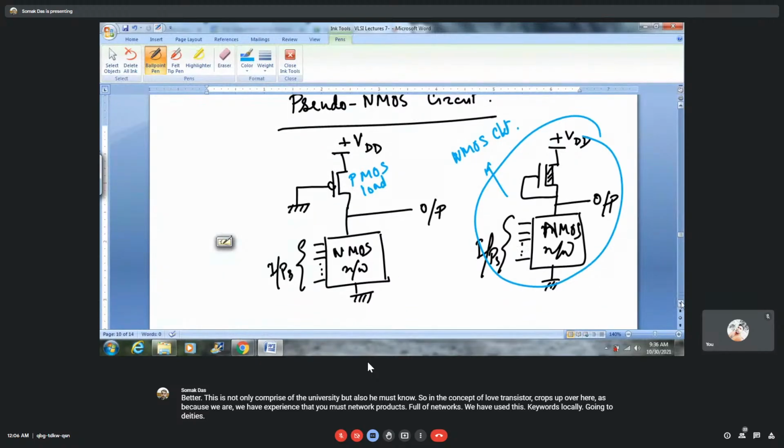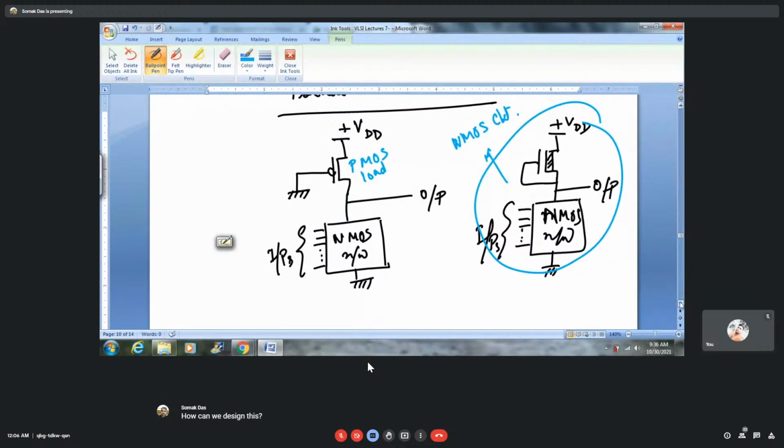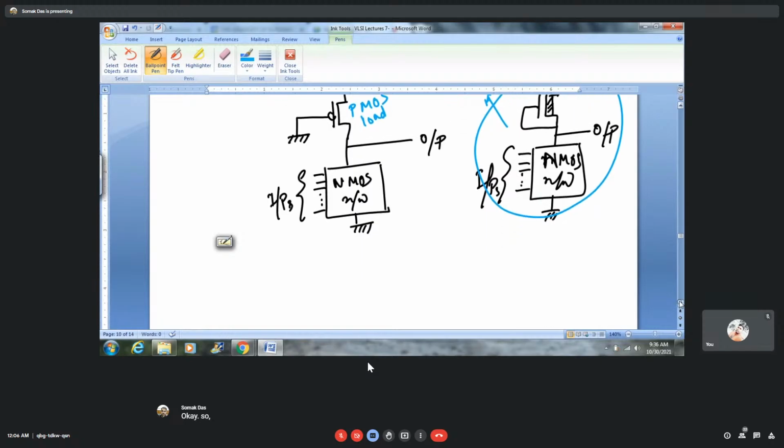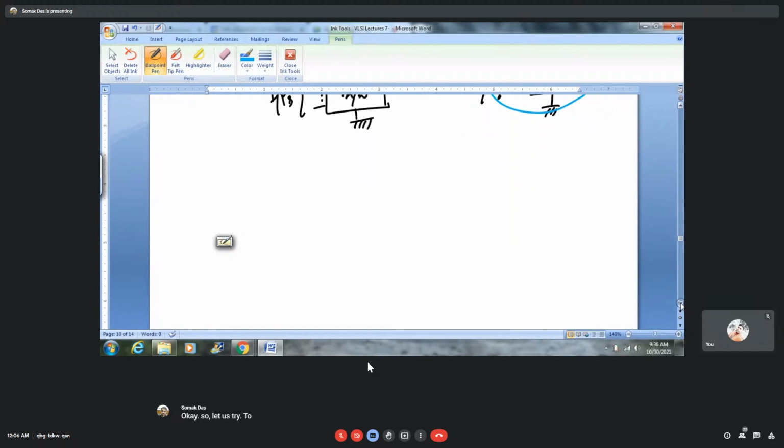So how can we design this pseudo NMOS circuit? Okay, so let us try to understand how we can design a pseudo NMOS circuit.